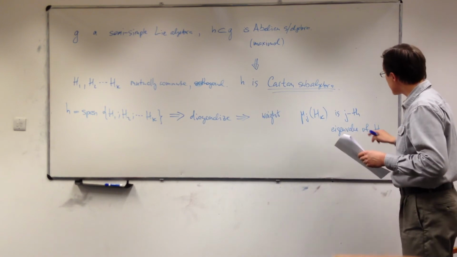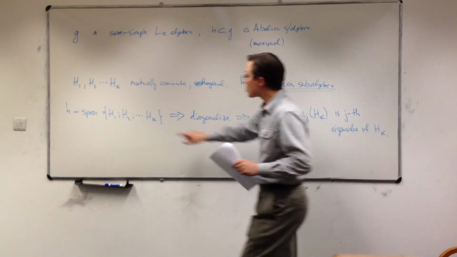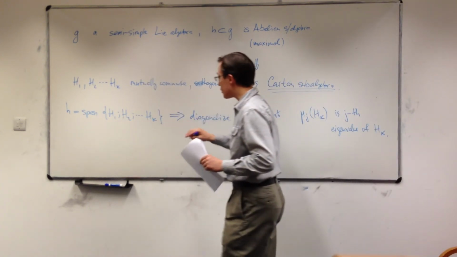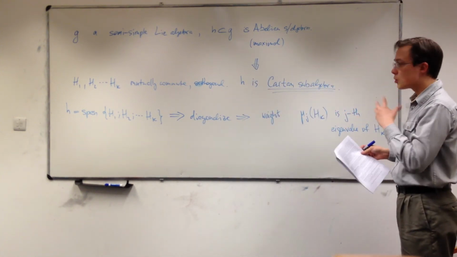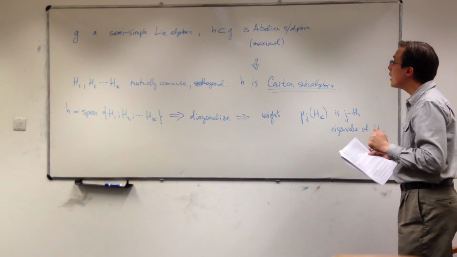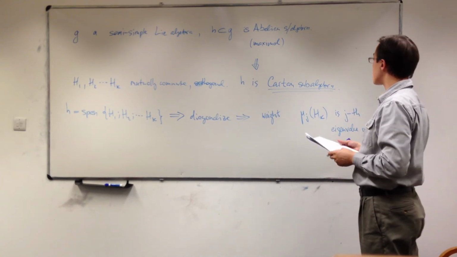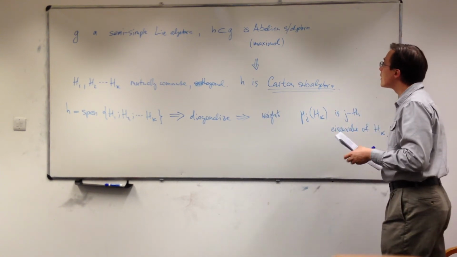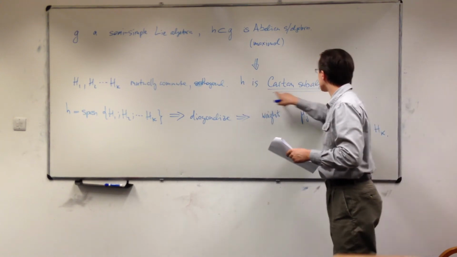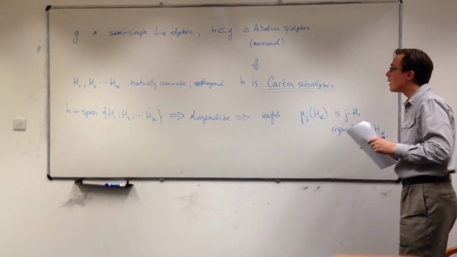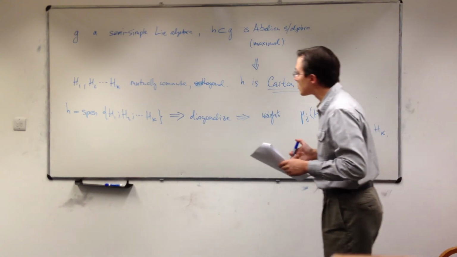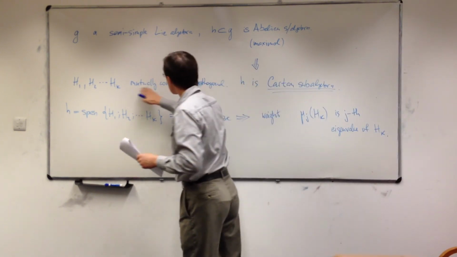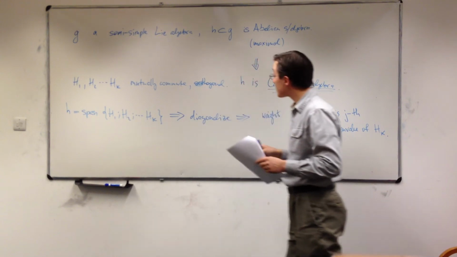That is, if we take the jth eigenvalue of H1, H2, and so on up to Hk, we'll have a vector with k elements. So in the general case it is a vector, but as we'll see in the simple case of SU2, it's actually a scalar, because there is just one element in the Cartan subalgebra, the Lz, because it's not possible to find anything else that actually commutes with it except itself.